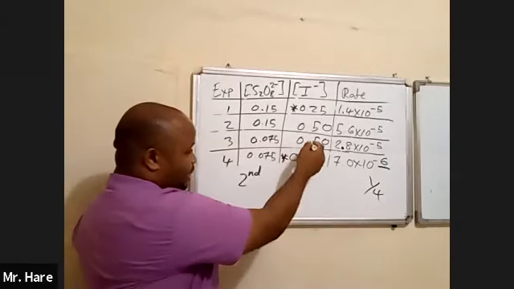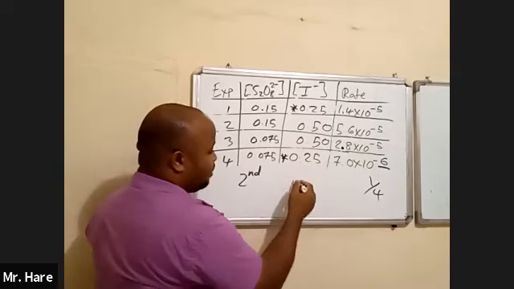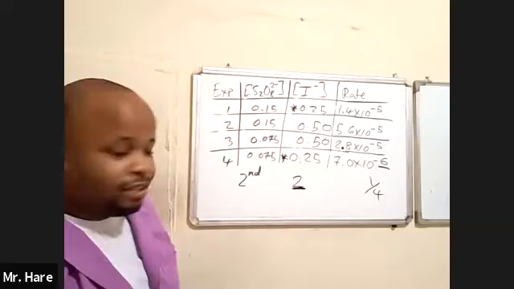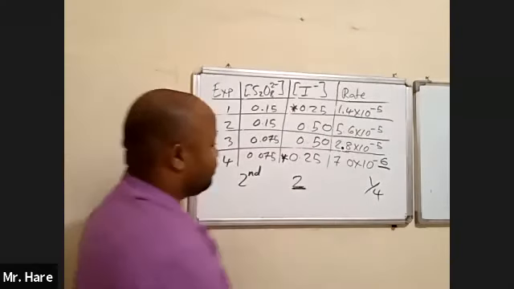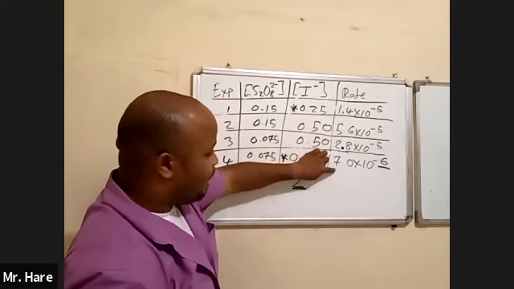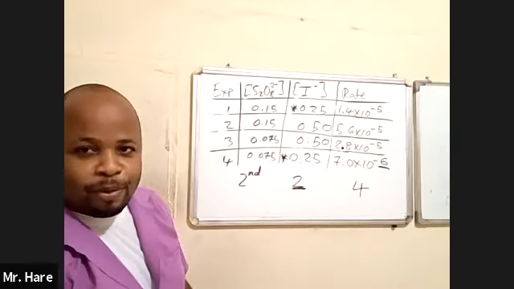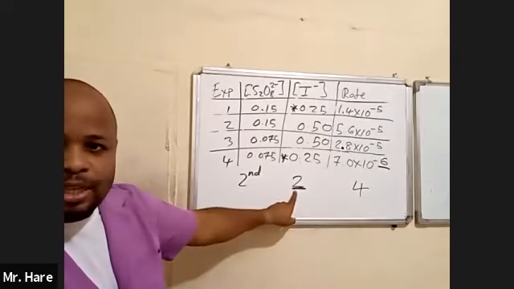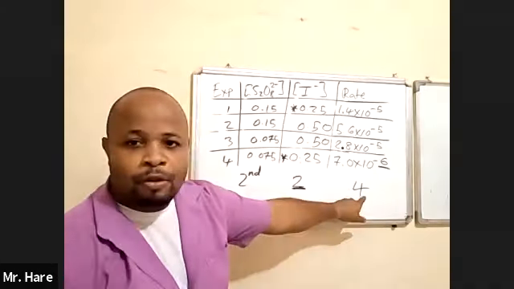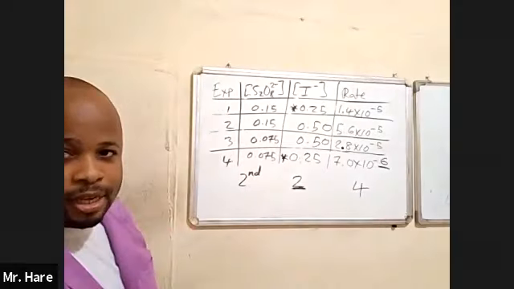So 0.5 divided by 0.25, the answer is 2, right? So we change the concentration by 2. And if you divide 2.8 by the 7, the answer will be 4. And remember we said that if you change the concentration by 2 and the rate changes by 4, it is second order. So we can work it out any way.